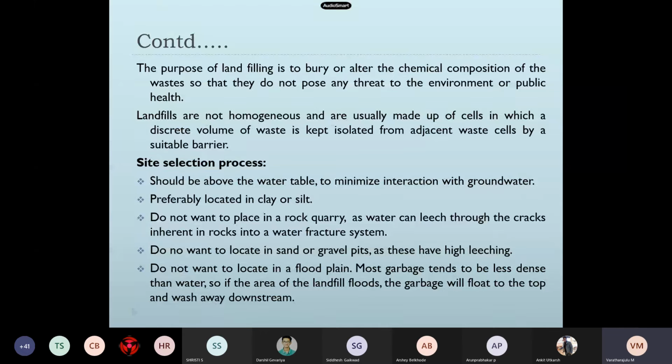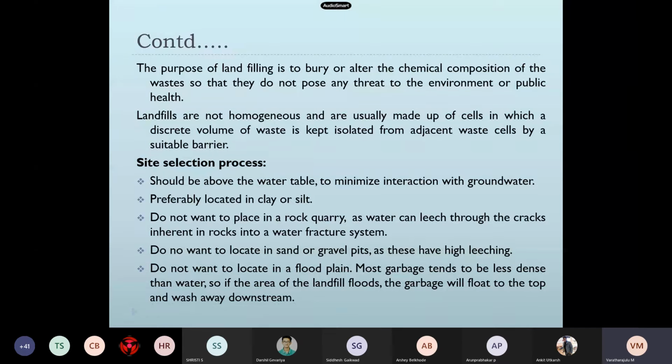Landfills are not homogeneous and are usually made up of cells in which a discrete volume of waste is kept isolated from the adjacent waste cell by a suitable barrier. Appropriate site selection is essential for a landfill, which should be above the water table, because otherwise it will harm the groundwater.